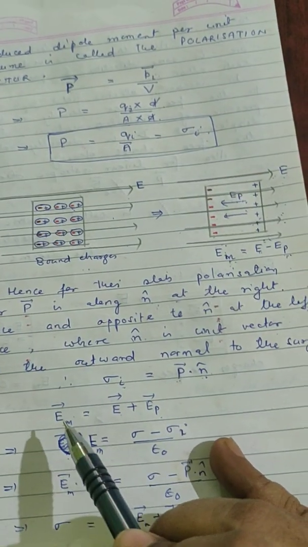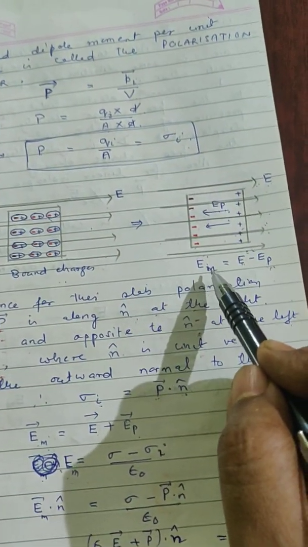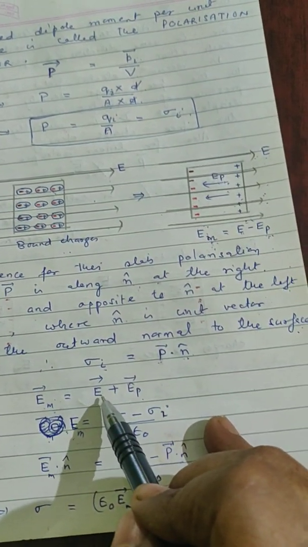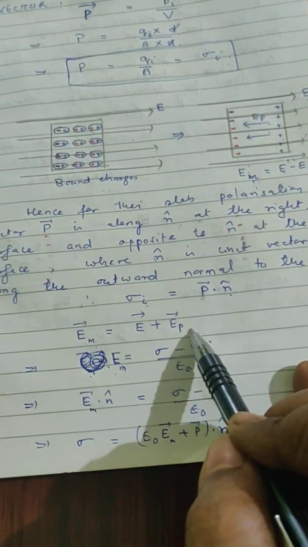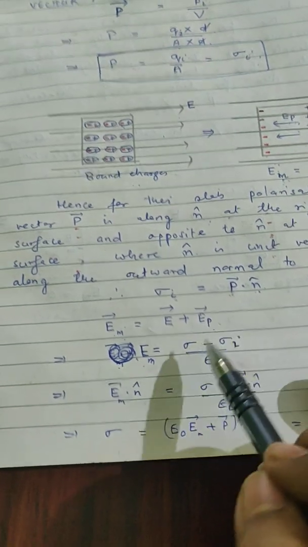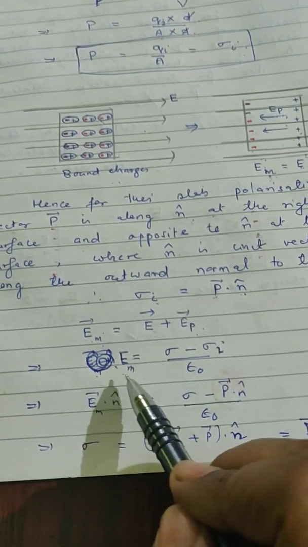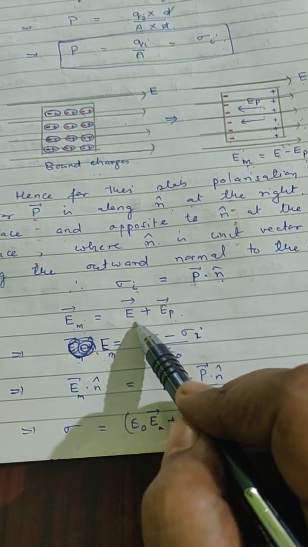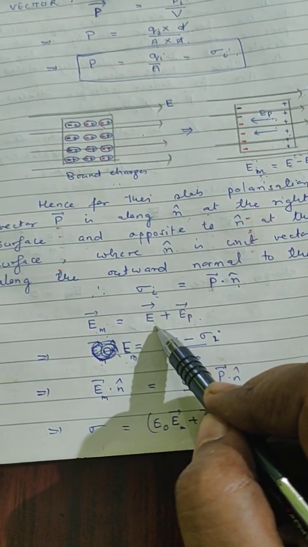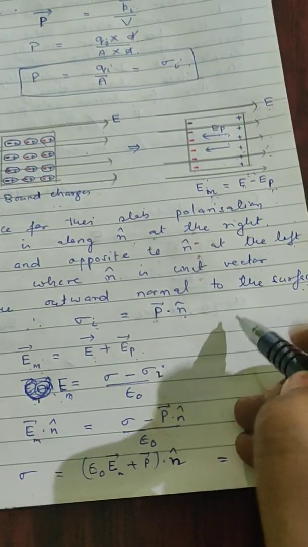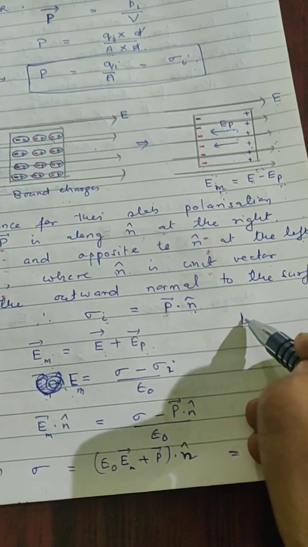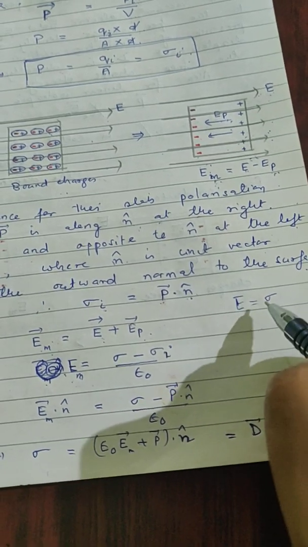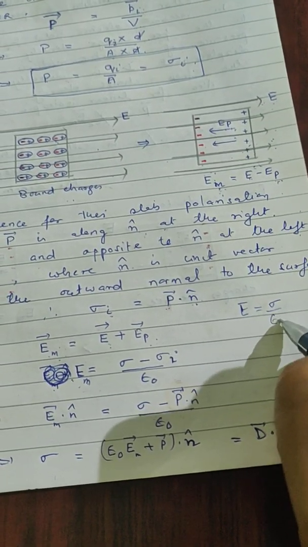Now if I consider the field within the dielectric in the vector form, we can express it as the vector sum of the external field and the field due to polarization. So we can see that E_m, the magnitude, is equal to, we know that the external field is equal to sigma by epsilon naught. We had learned that in the first lecture.